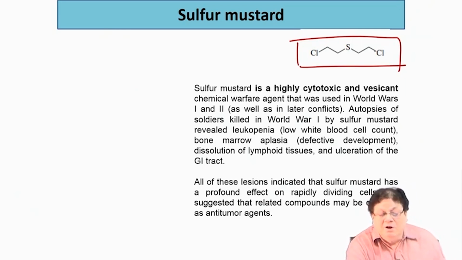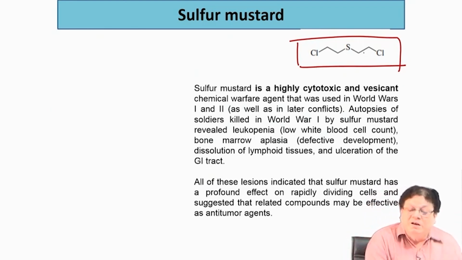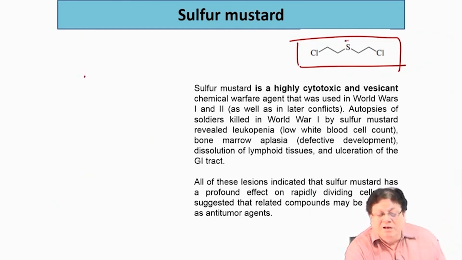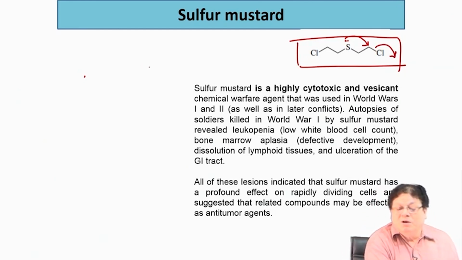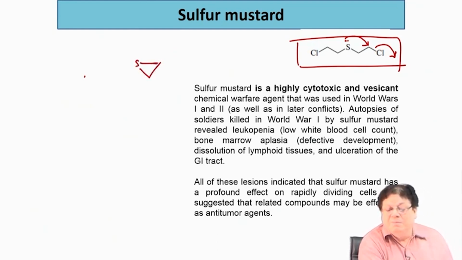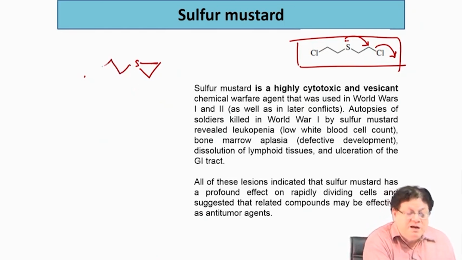So, this is the compound called sulfur mustard, and it is very interesting that it is a double alkylating agent, and the alkylation proceeds via what is called neighboring group participation, that the sulfur first attacks the carbon, the chlorine is lost, and that forms what is called an episulfide, like your epoxide. So, it is an episulfide, and then you have this CH2Cl.